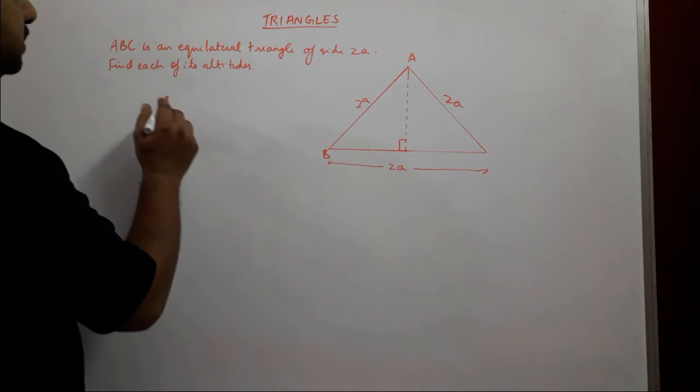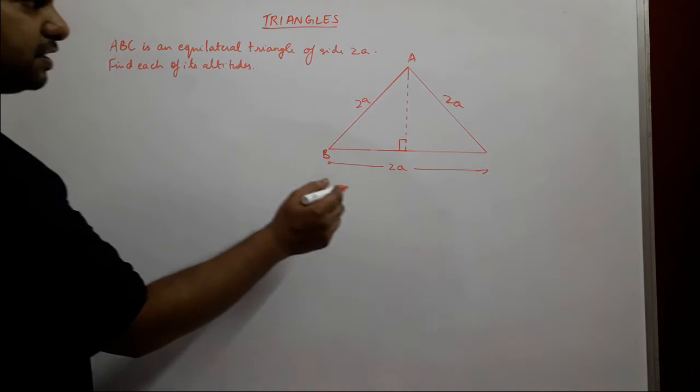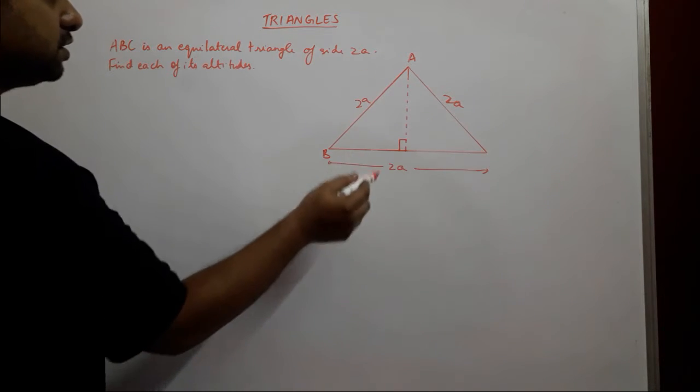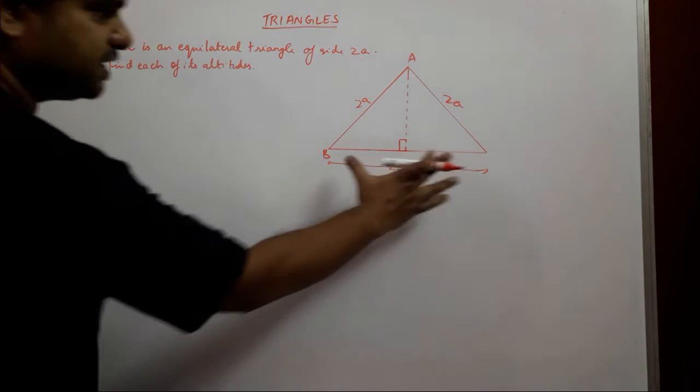We are given that this is an equilateral triangle and we are asked to find the altitude of the equilateral triangle. So this entire side is 2A.